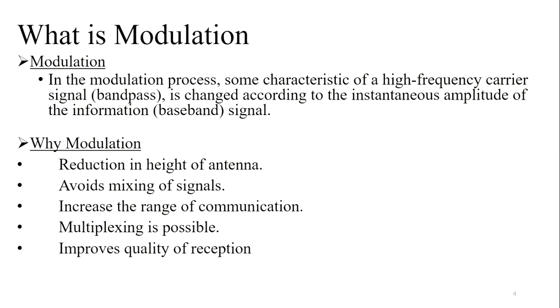The fourth is that multiplexing is possible, that is, a larger number of signals can be transmitted simultaneously. The fifth, which is very important, is that it improves the quality of reception. We send the information and also receive the output, so the quality of reception improves.